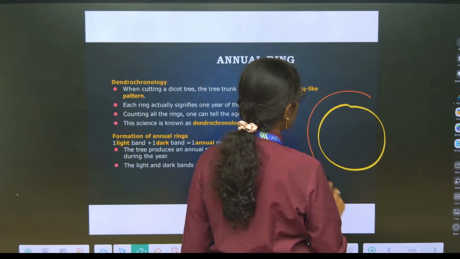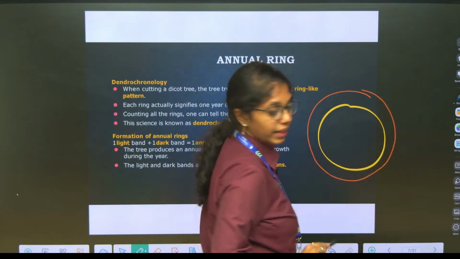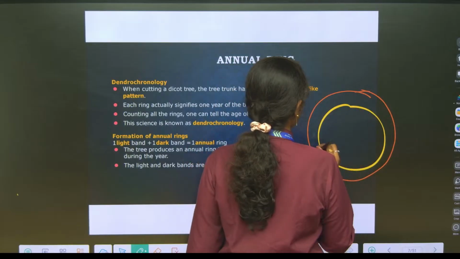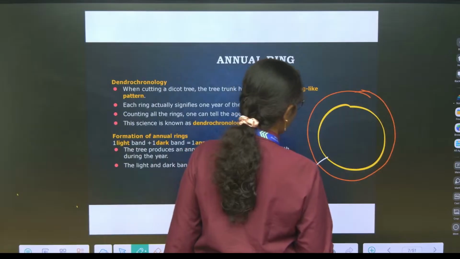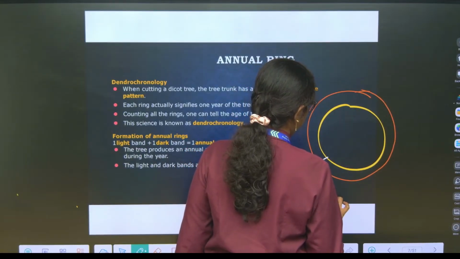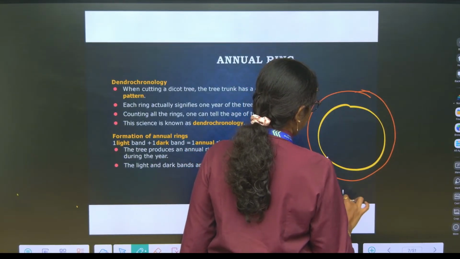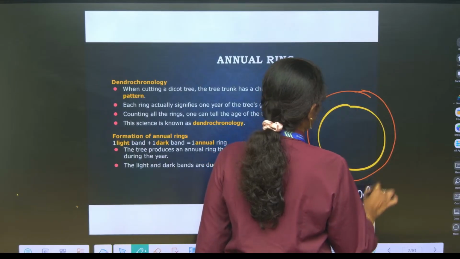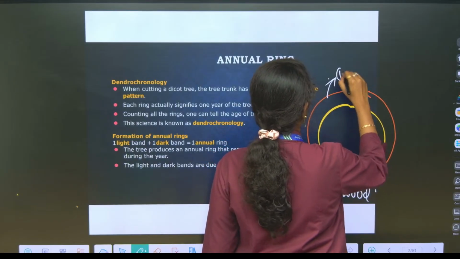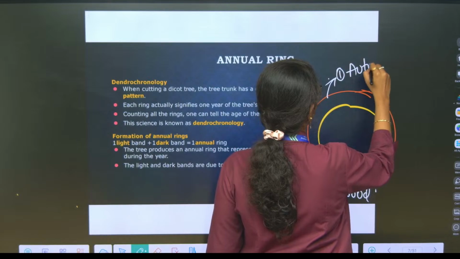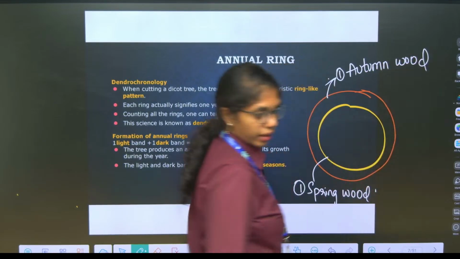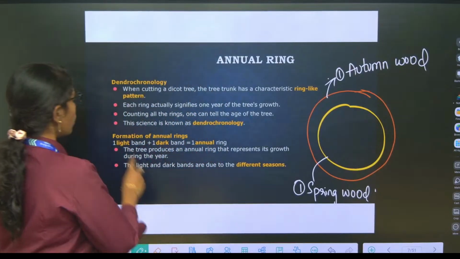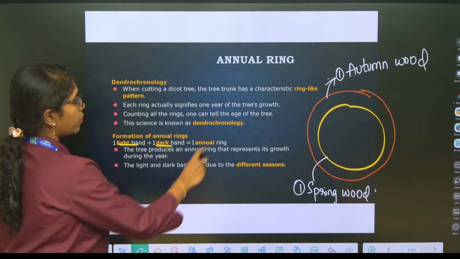Next, the band which is formed in the autumn season will be dark in color. Okay. So, one spring wood and one autumn wood will form one annual ring. Nothing but one light band and one dark band will form what?